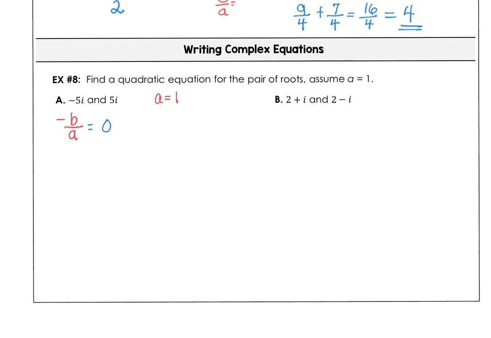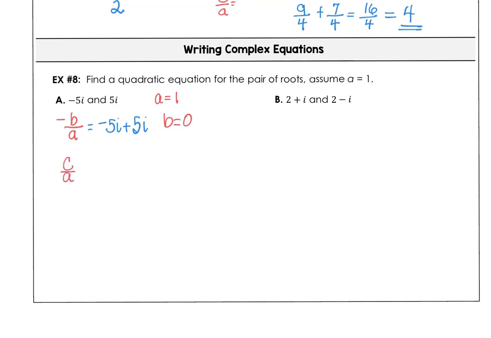Because we've got negative 5i plus 5i. Because these are our roots. Negative 5i plus 5i is the sum of the roots, and that adds up to 0. So figuring that out, if a is 1, then b is 0. And then the product of the roots has to be c over a.